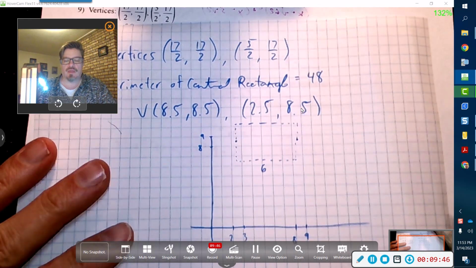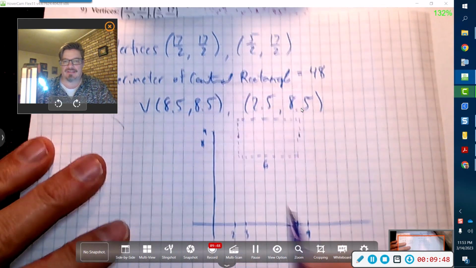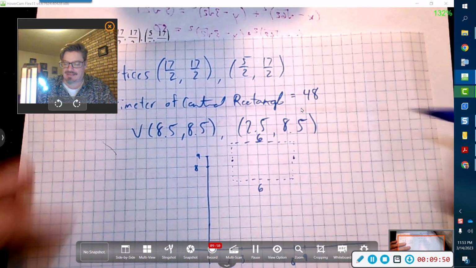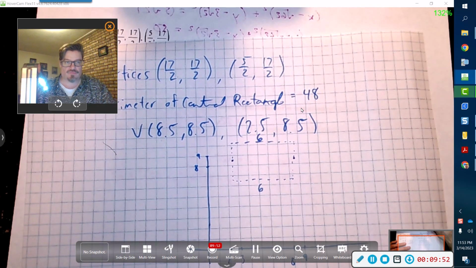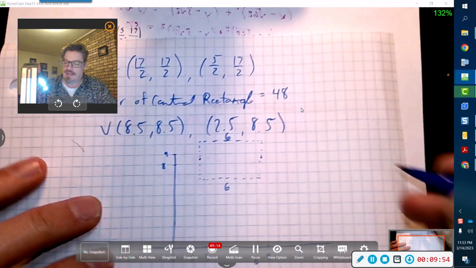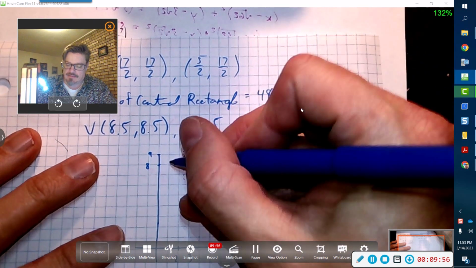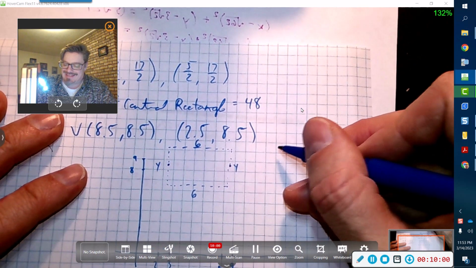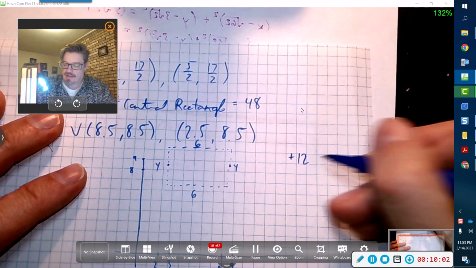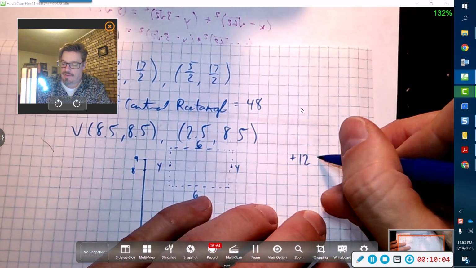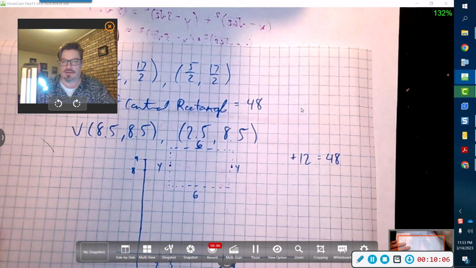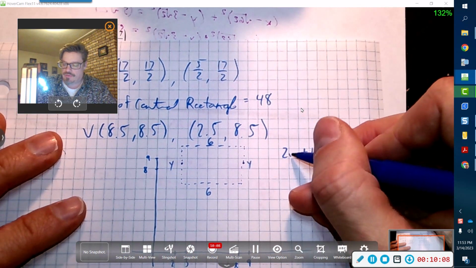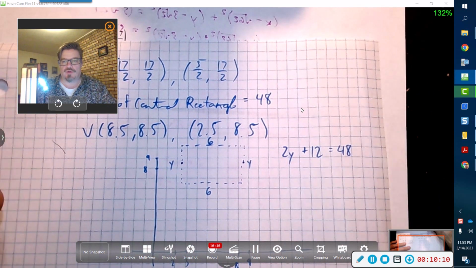Now that distance is 6, so this guy has to be 6. Obviously it's a rectangle. So if 48, this is our y coordinate now, that means that if I add 6 plus 6, both the y's plus 12 have to equal 48. So I'm going to go ahead and go to y. I'm going to subtract 12 from both sides.